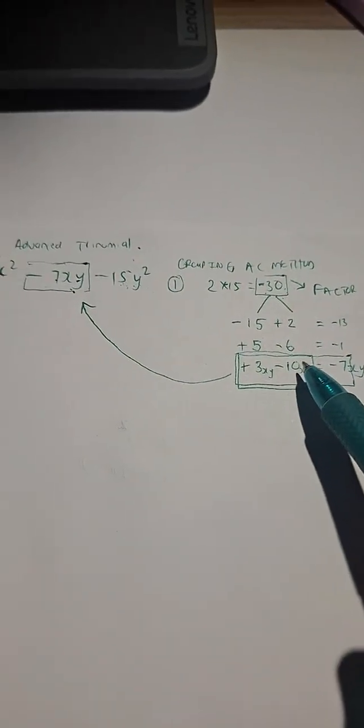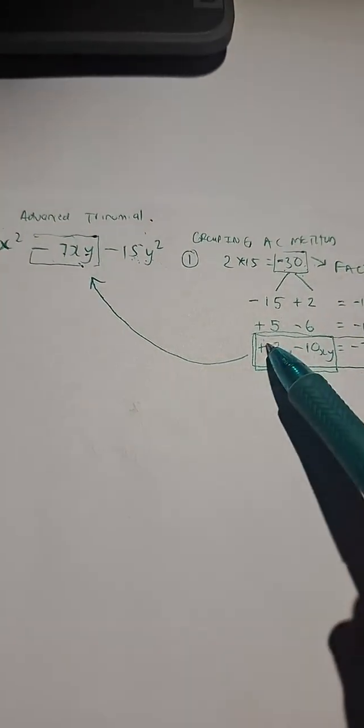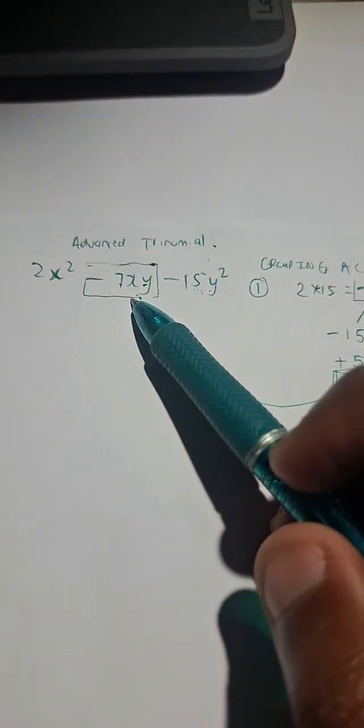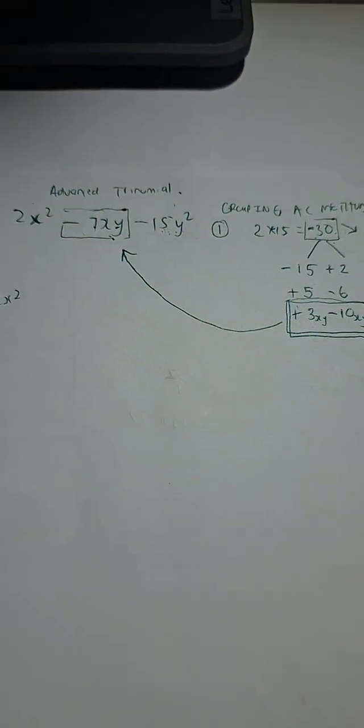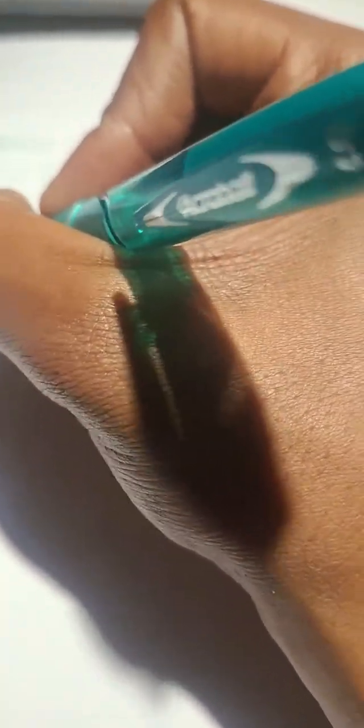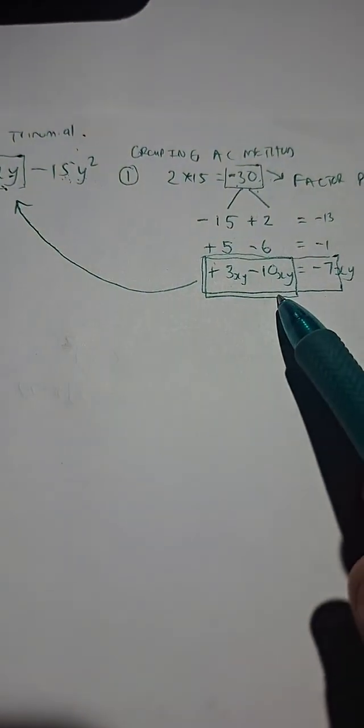Take this combo, come and replace it here. So now I have 2x squared, maybe let's say minus 10xy plus 3xy minus 15y squared.